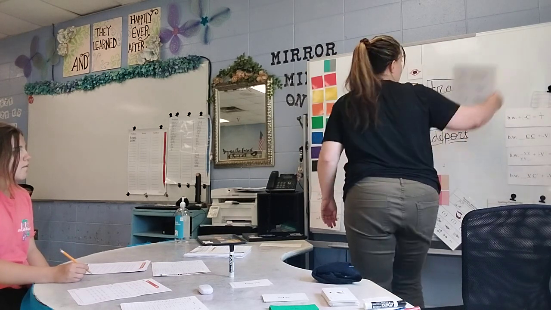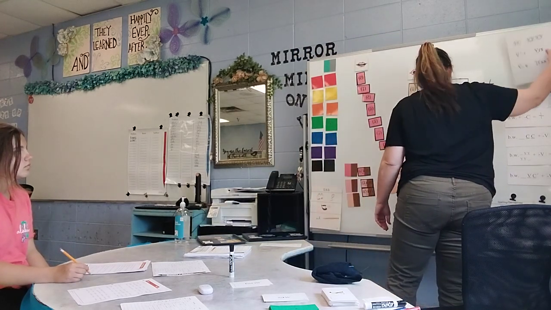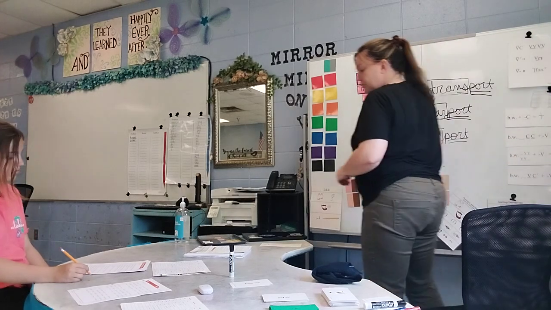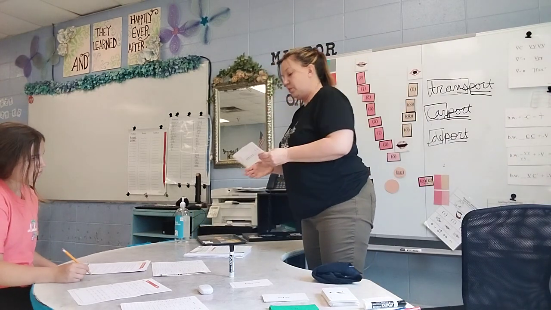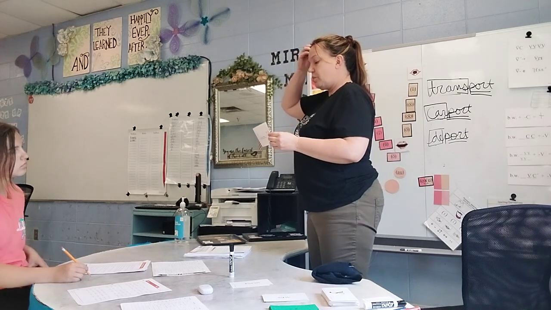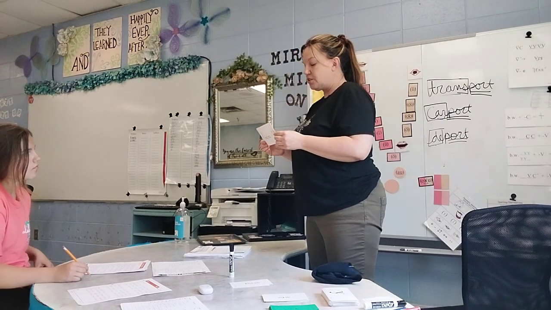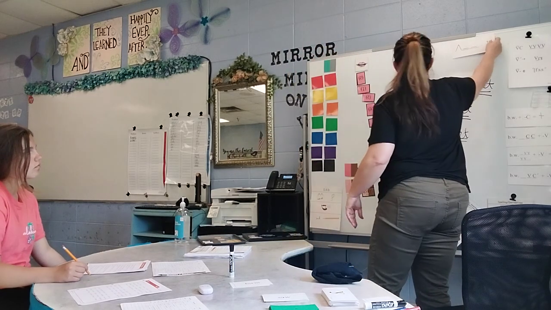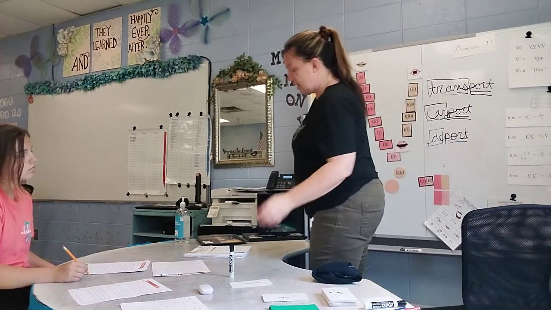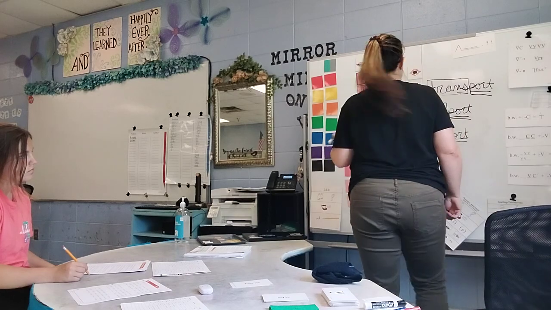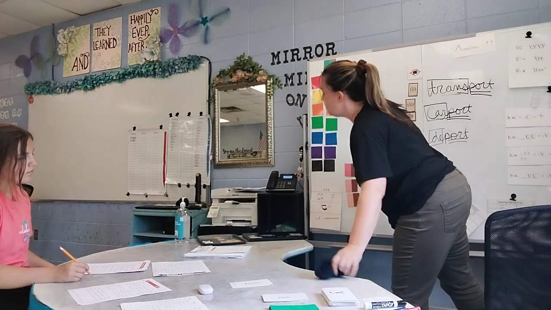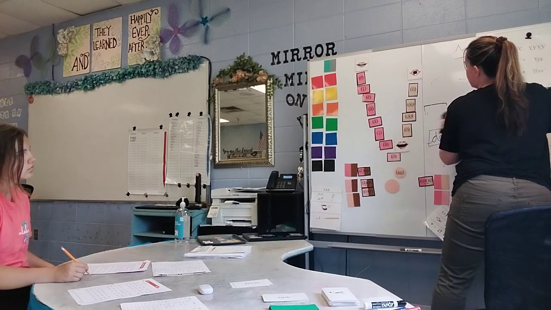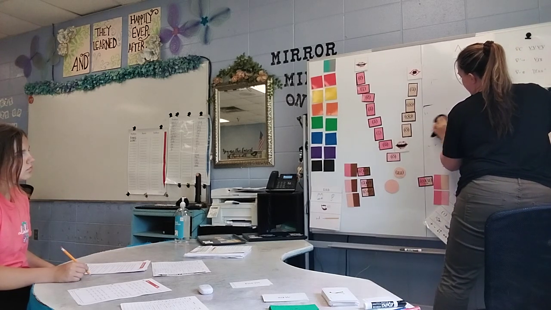So I'm going to put that right there. A sentence is a group of words that begins with a capital letter, ends in a punctuation mark, has a subject and a predicate, and expresses a complete thought. And you can circle your instant words when you're coding.